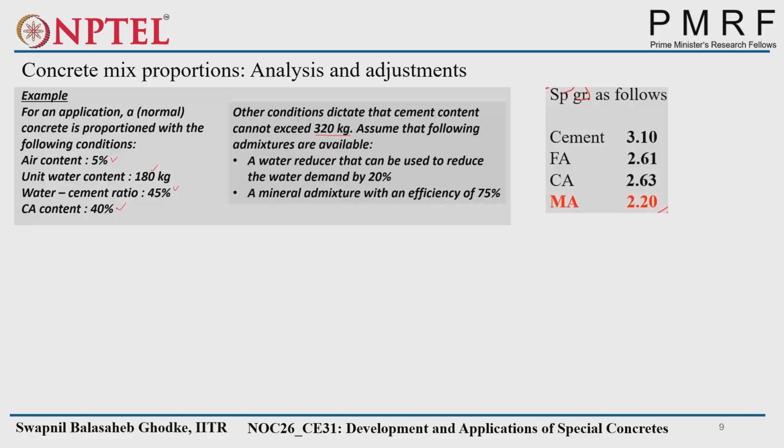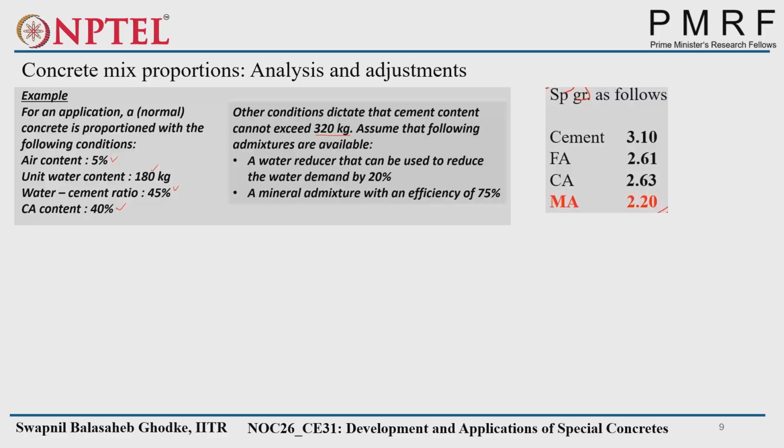Okay. So convert this into kg also. Air will be the same. Air will not come. Then water will be 180 kg. Cement will be 400.